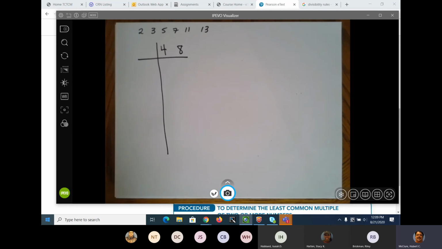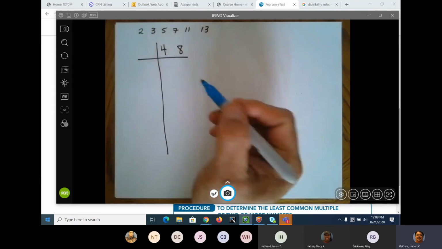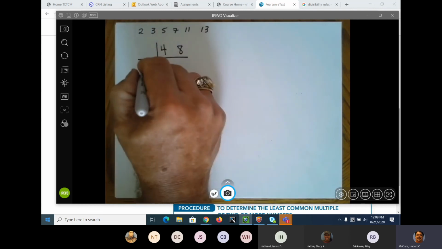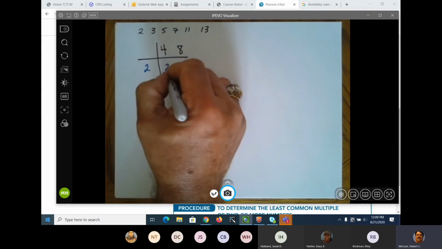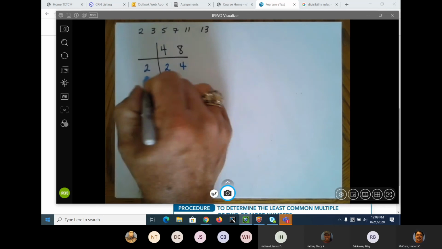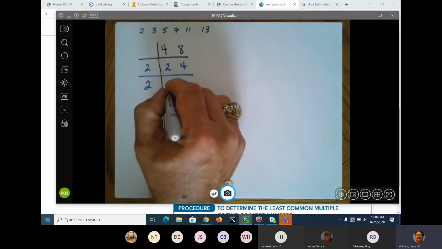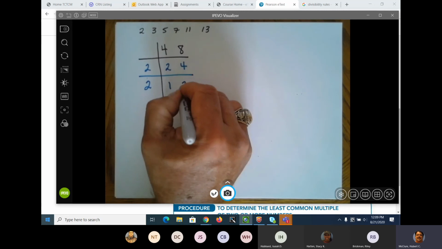I'm going to use a light green because the dark green looks like blue or black. Okay, so I'm going to go ahead and find my prime factorization. I'm going to divide by 2 right there. That'll give me a 2 and a 4. And then 2 will go in there 1 time and 2 times.